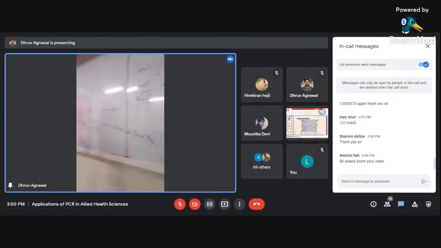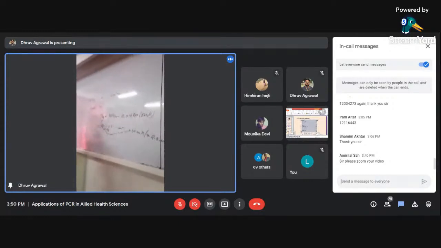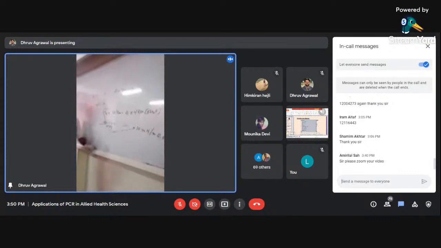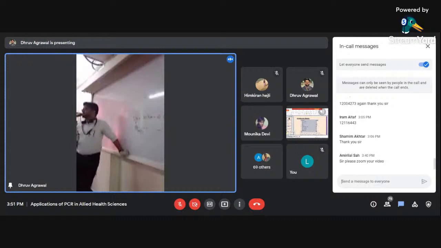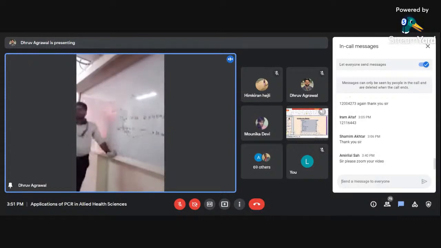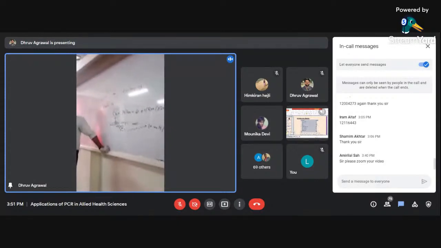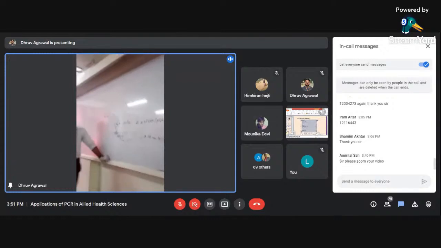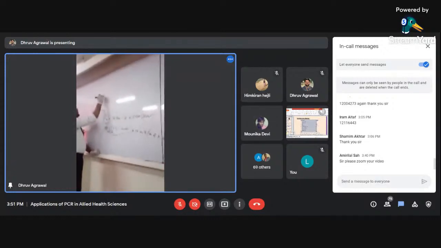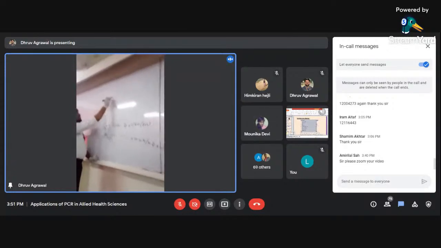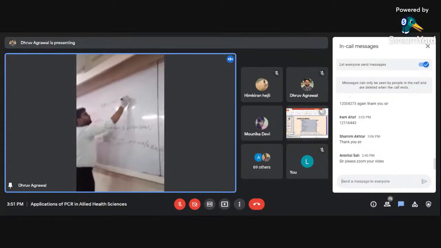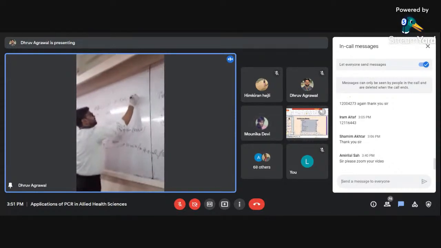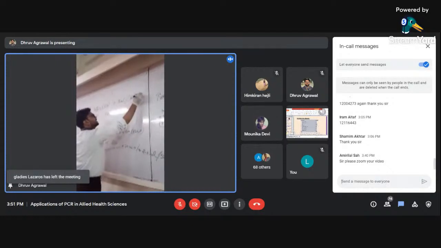And what else do you require? This is polymerase enzyme, and here is your dNTP. And Taq master mix buffer. It is 10 times concentrated, so you have to add 5 microliter for 50 microliter. Okay, what else?